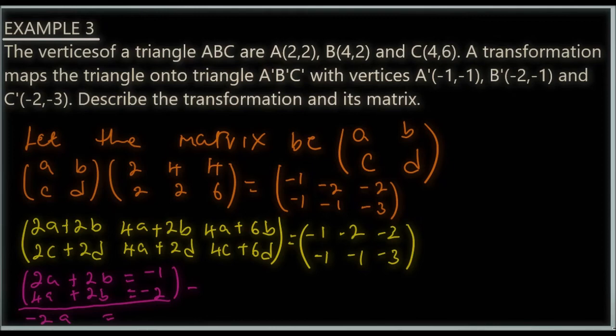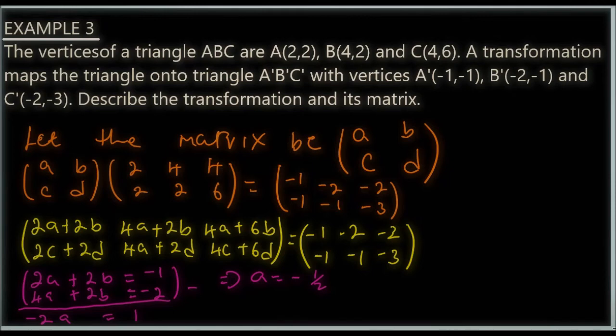So that will give you 1, implying that our a is equal to, we divide both sides by 2, minus a half. Once you get minus a half, you substitute it in one of the equations.